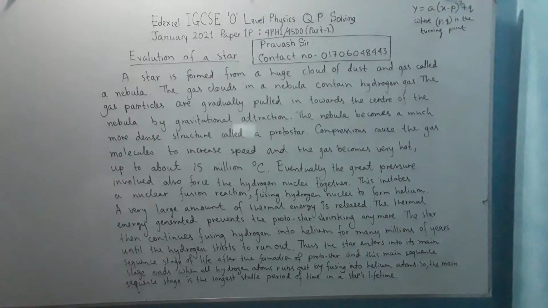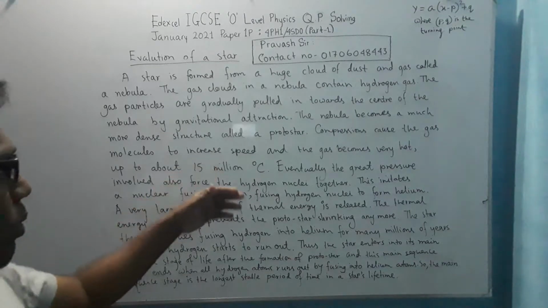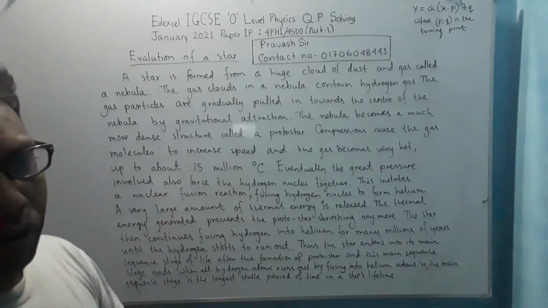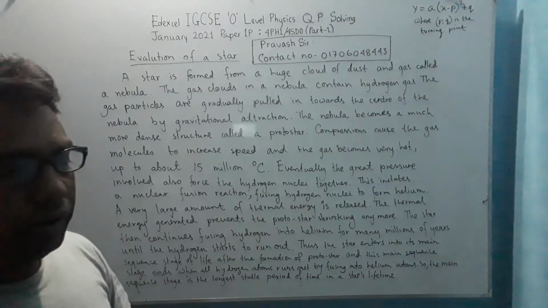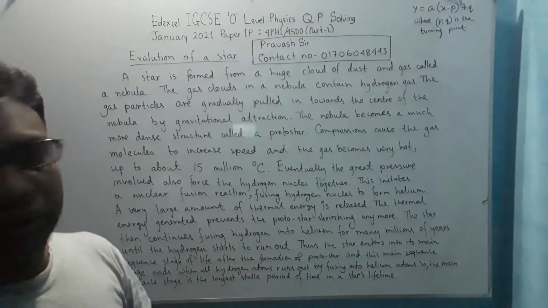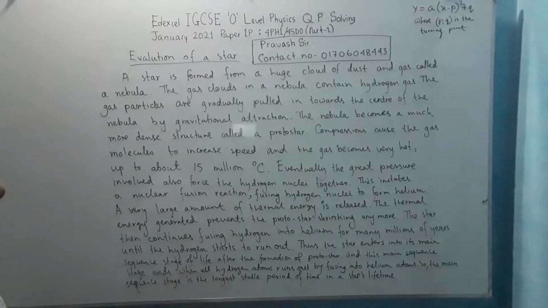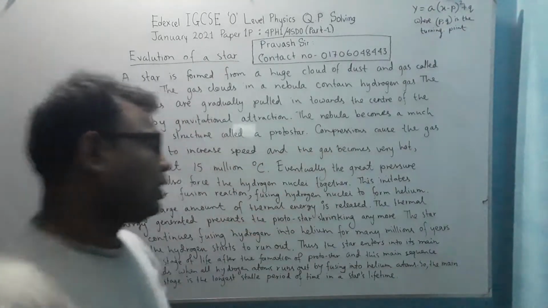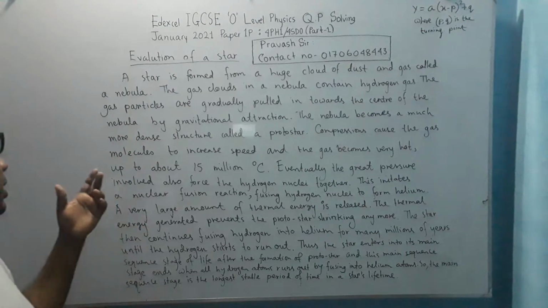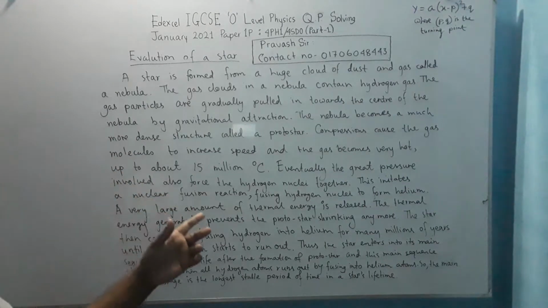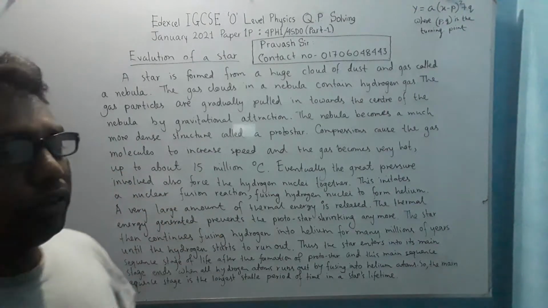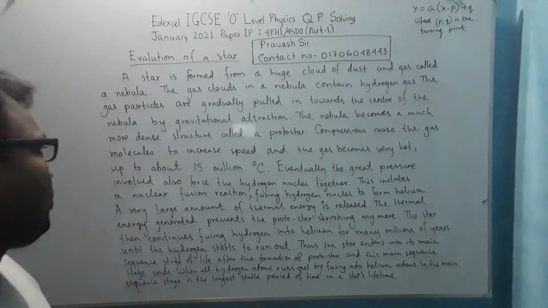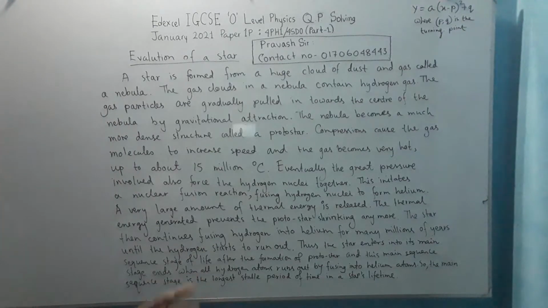This is the first stage of a star that will evolve into different stages throughout its lifetime. After the formation of a protostar, the compression of gas particles causes the gas molecules to increase speed, and the gas becomes very hot, up to about 15 million degrees centigrade.